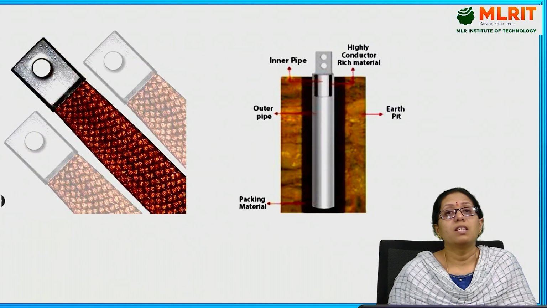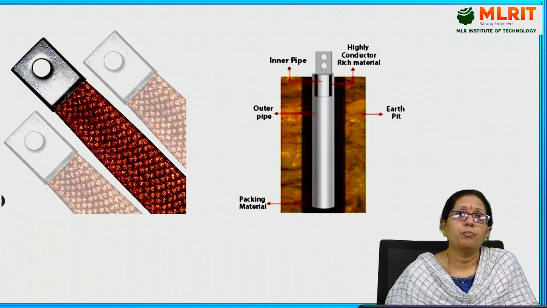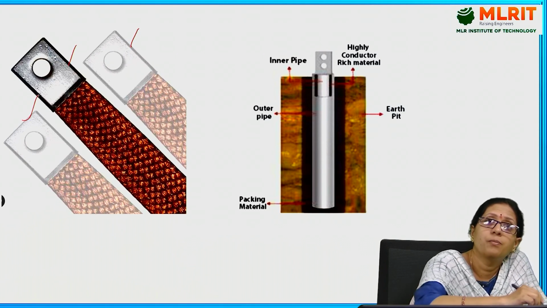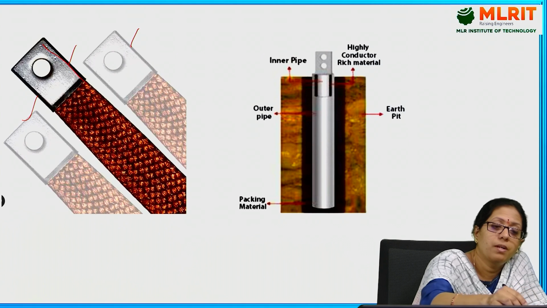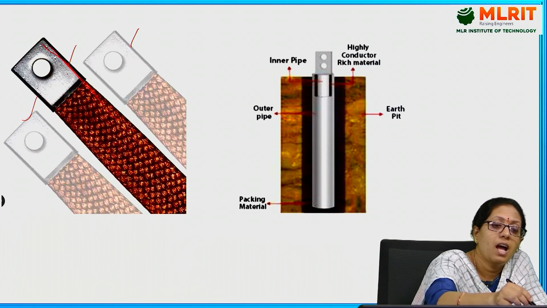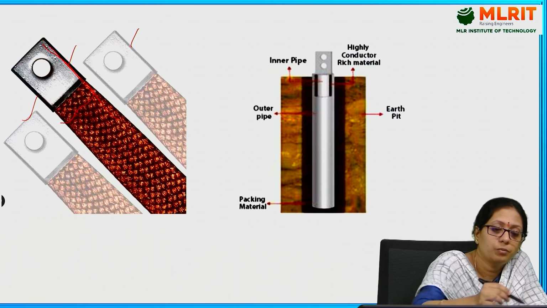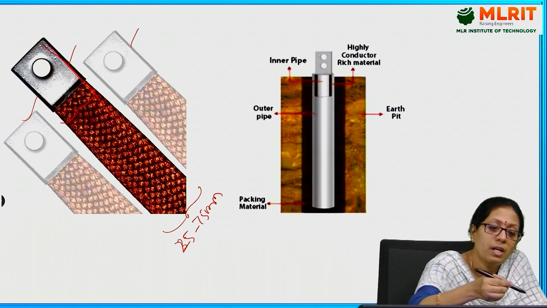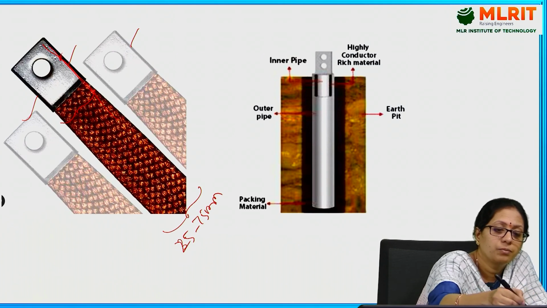So here you can see a picture of a strip. Here there are 3 strips being placed, and this strip length should be around 5 meters, the width should be around 25 to 75 mm, and the thickness should be around 3 to 12 mm.